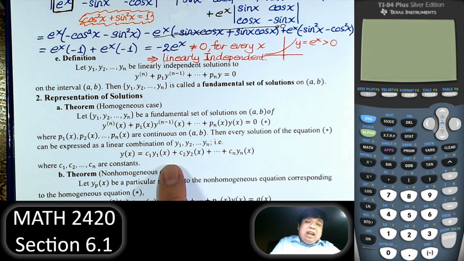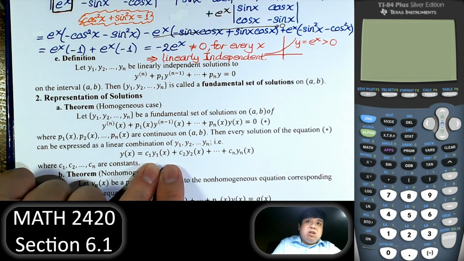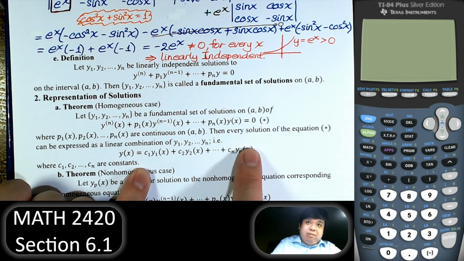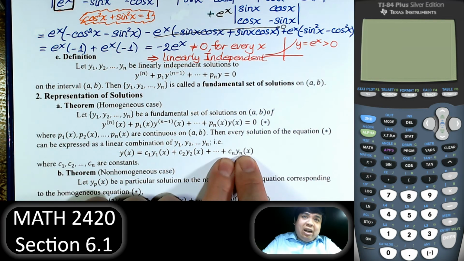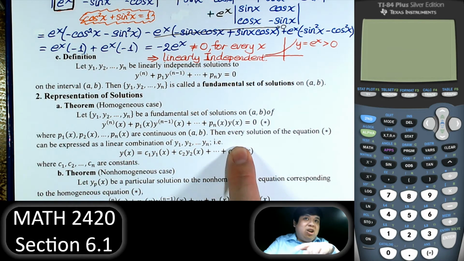Now, if they are not linearly independent, meaning one of them can be written as a combination of the others, then we don't need all of them. Let's say y sub n can be written by the rest of the functions, then we don't really need that. So that's why the solution is not in that form.